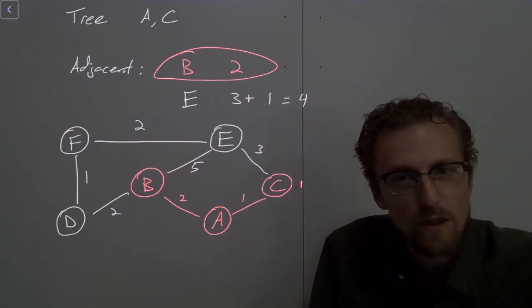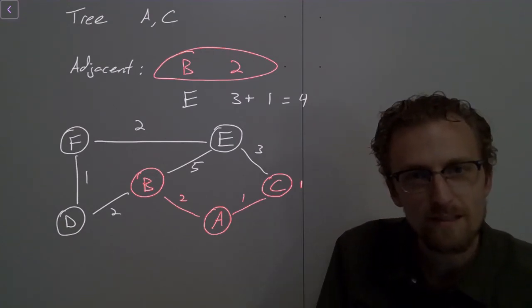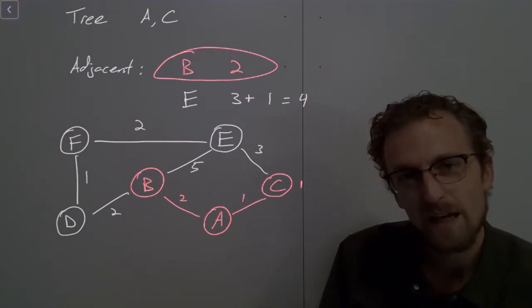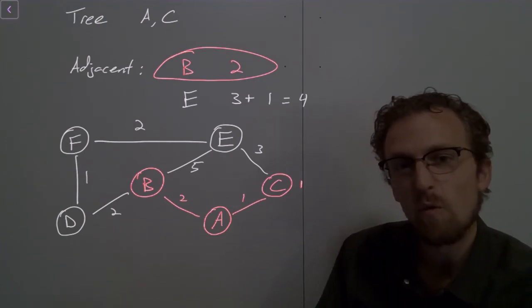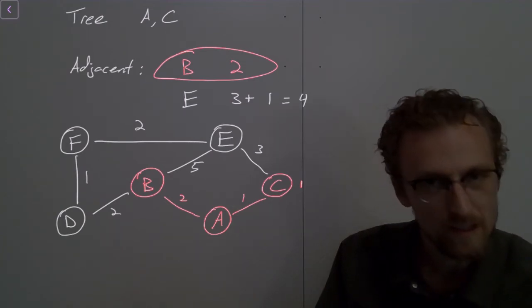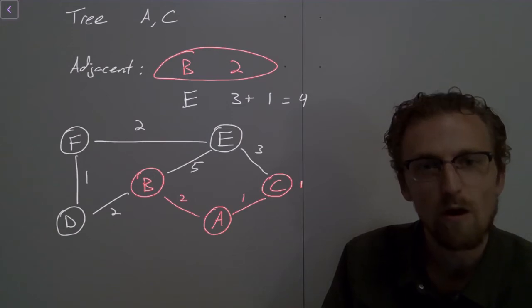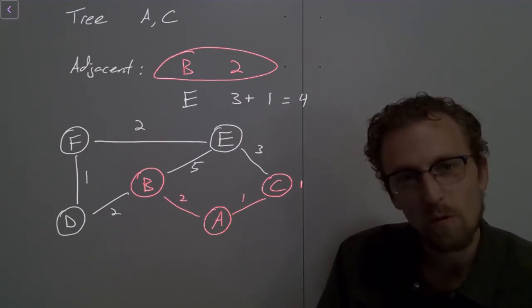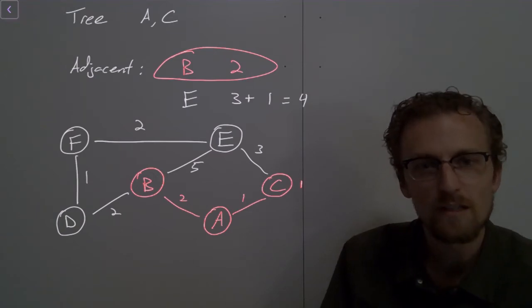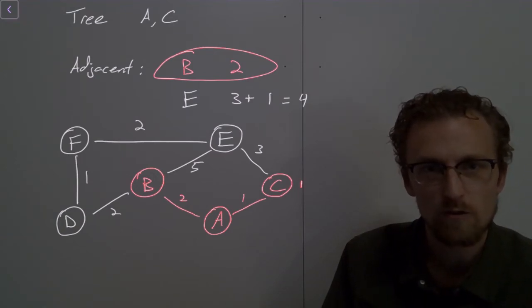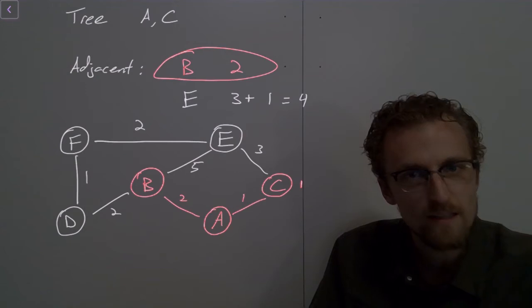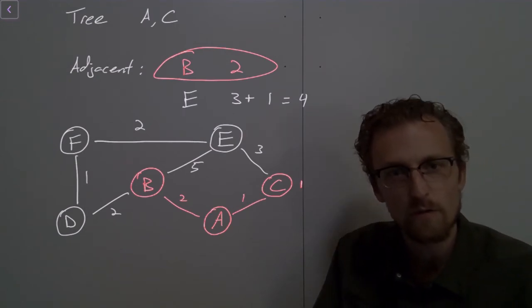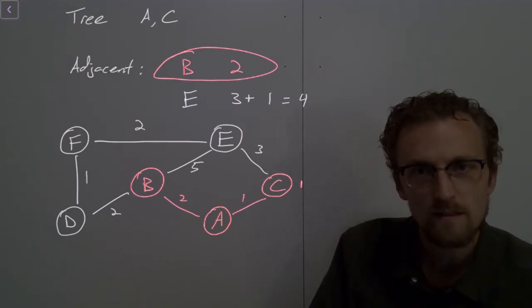Well, we know that the tree is building up this list of shortest paths, and so there must be one more shortest path out there somewhere that connects to one of these already known shortest paths, and it turns out that the one that connects has to be one of these nodes that's adjacent to the tree. So the one that extends the shortest path from A the least has to be correct.